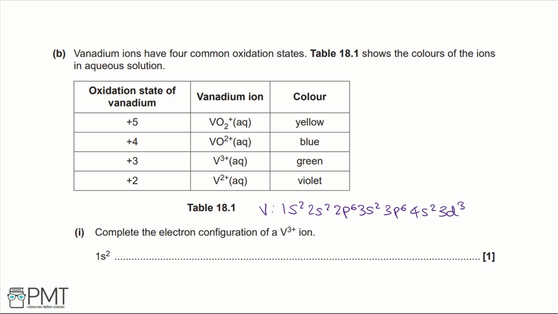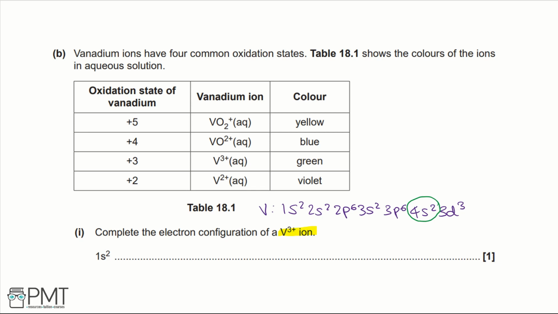And then we're asked for a V3+ ion, so that means it's going to lose 3 of its electrons. The 4s electrons are filled first, but they're also lost first. So we're going to lose both of these 4s electrons and then one 3d electron.